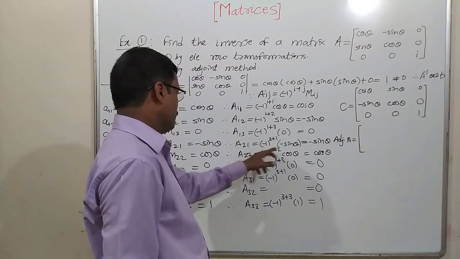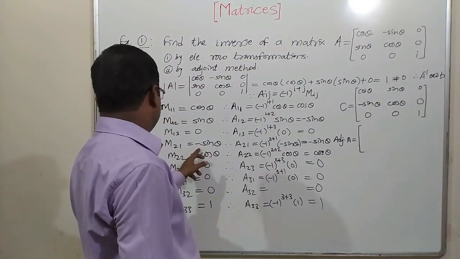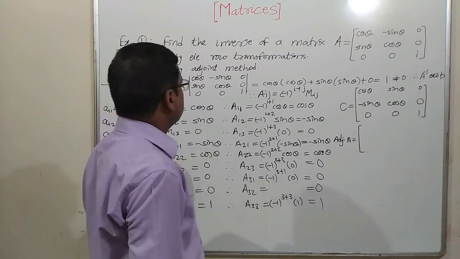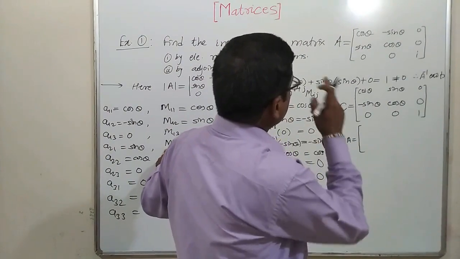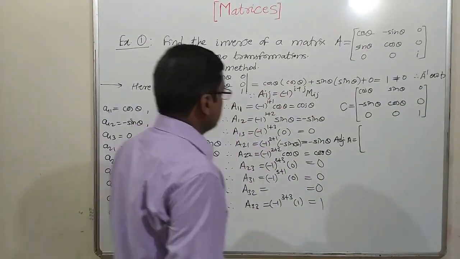Is it M21 negative? Second row first column, minus sin theta. Yeah, it is negative.